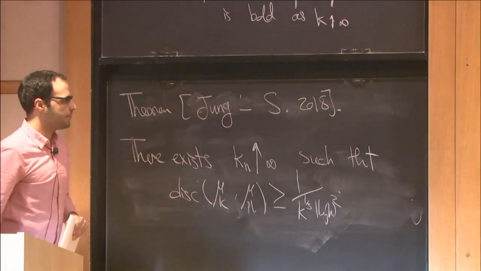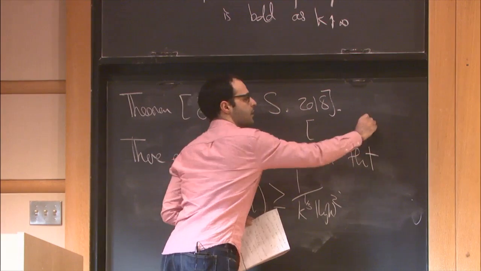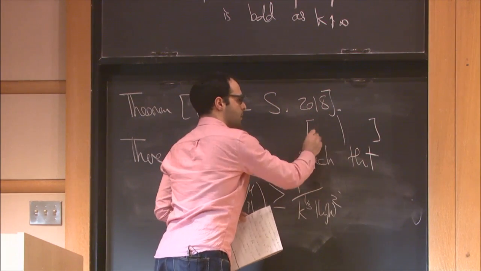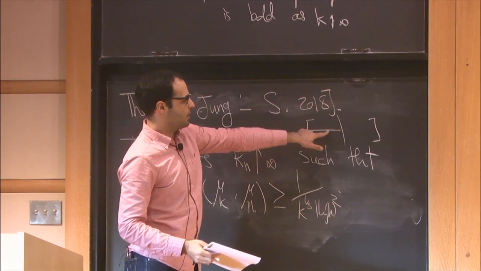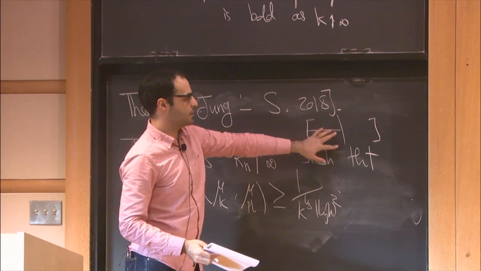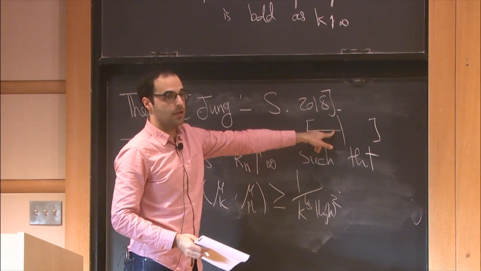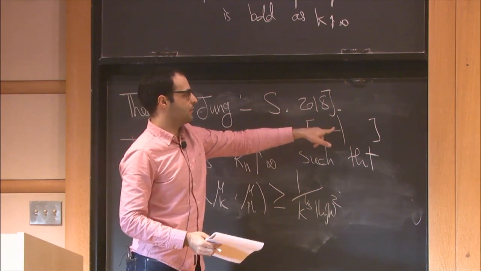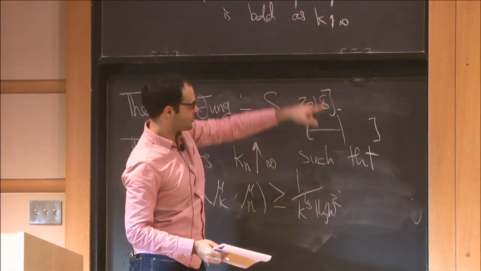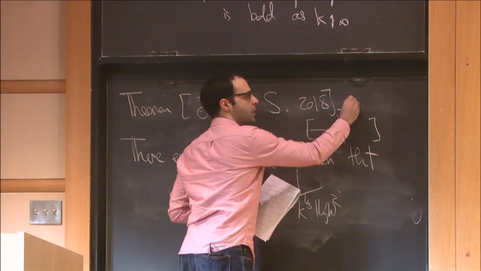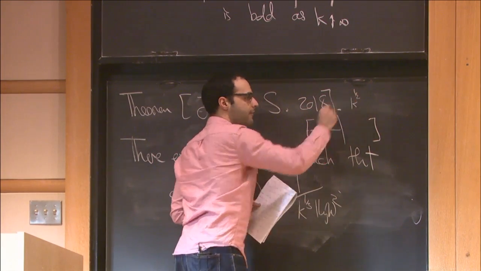So what is the discrepancy? You can think of it as you split the interval in two parts, and you count the number of eigenvalues and subtract it from the expected value. If they were randomly distributed, or modeled by a Poisson process, then you expect the error term to be of size k to the 1/2.